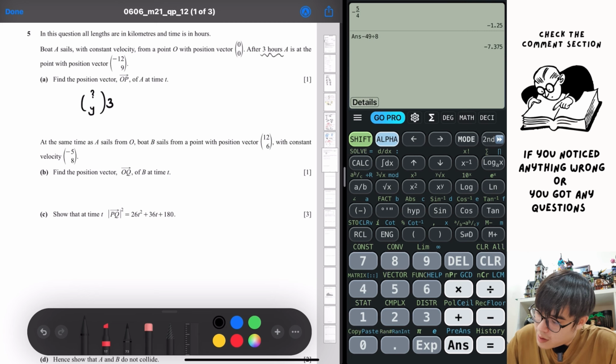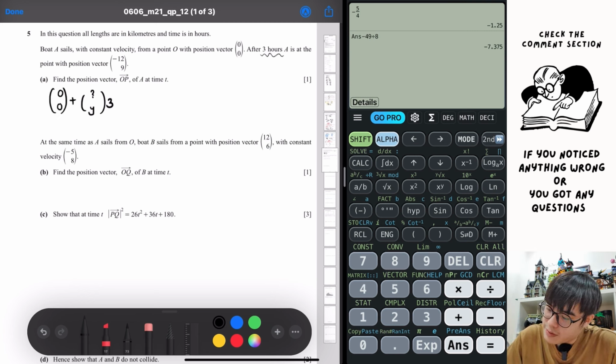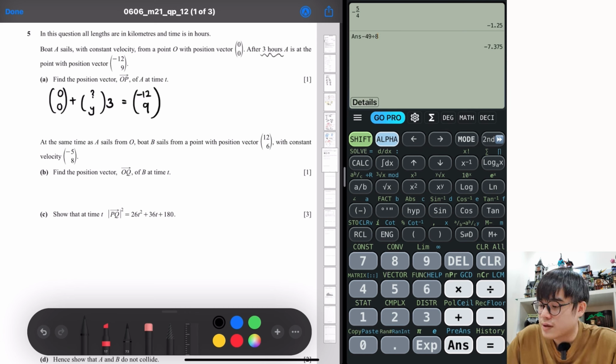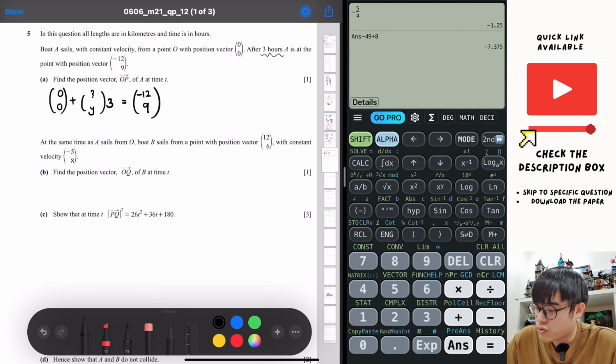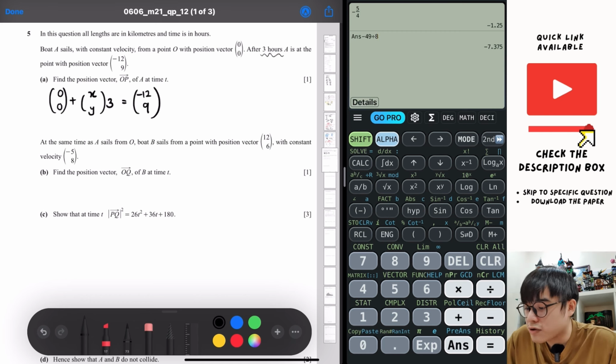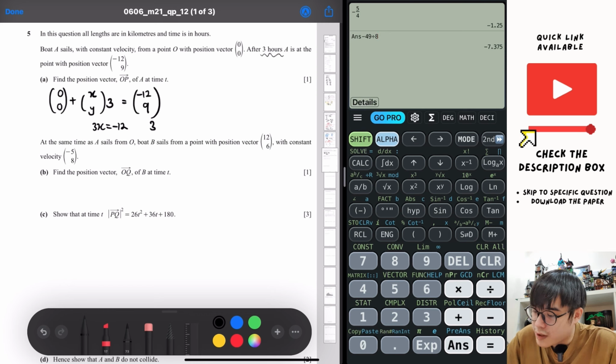They mentioned that it started from the point of origin. How do you get to negative 12, 9 then? So this is the x and this is the y. x must be something where they multiply together. 3x will be negative 12, while your 3y will be 9.